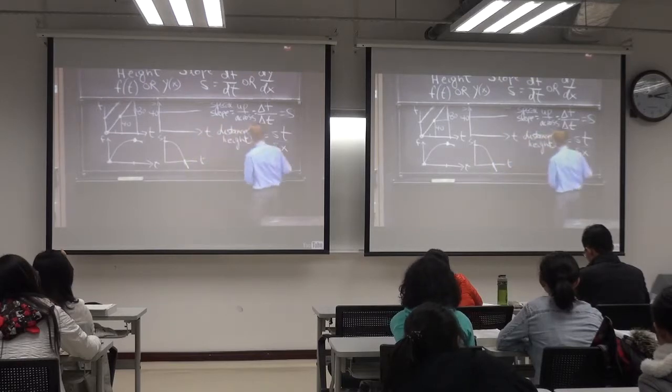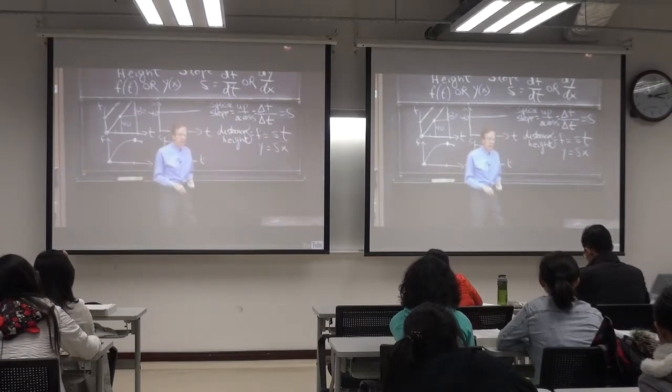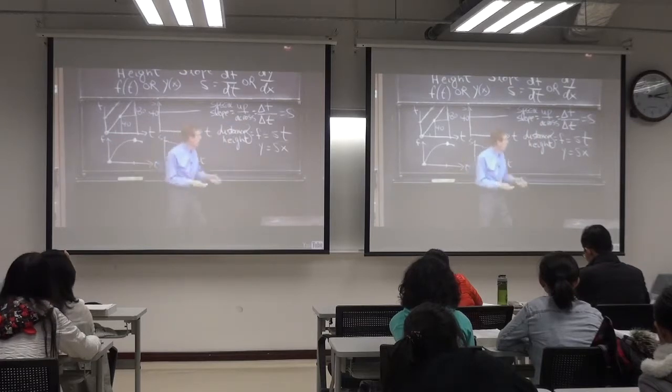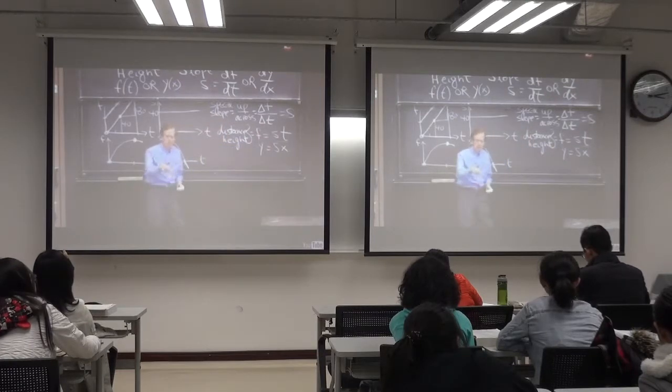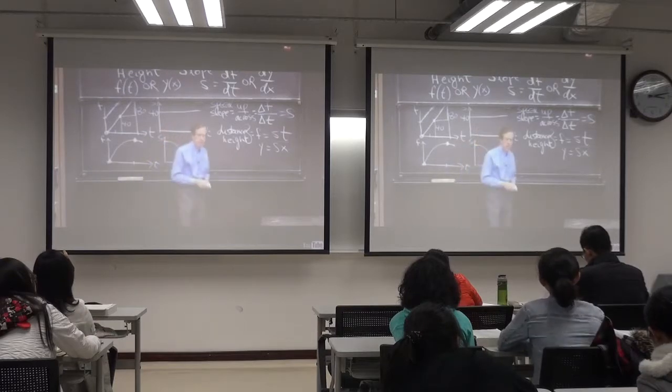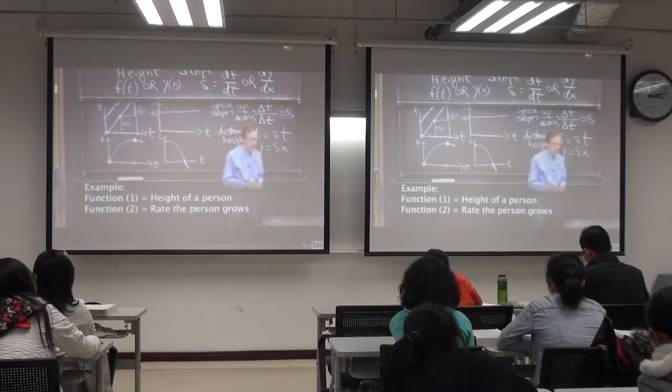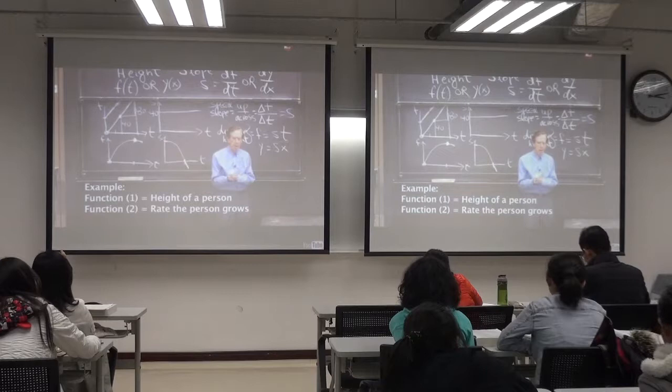Well, here it's given by a formula, s times t. A simple formula. And then, knowing that, we know the speed is s. Later, we get more functions. But let me take an example, just because these pairs of functions are everywhere.